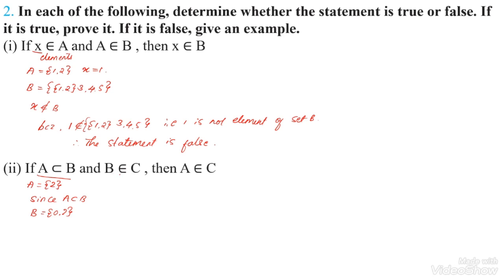And B is an element here. This means it always shows elements. That's why I have written C to be a set containing the elements of set B and some of the elements 1, 3.